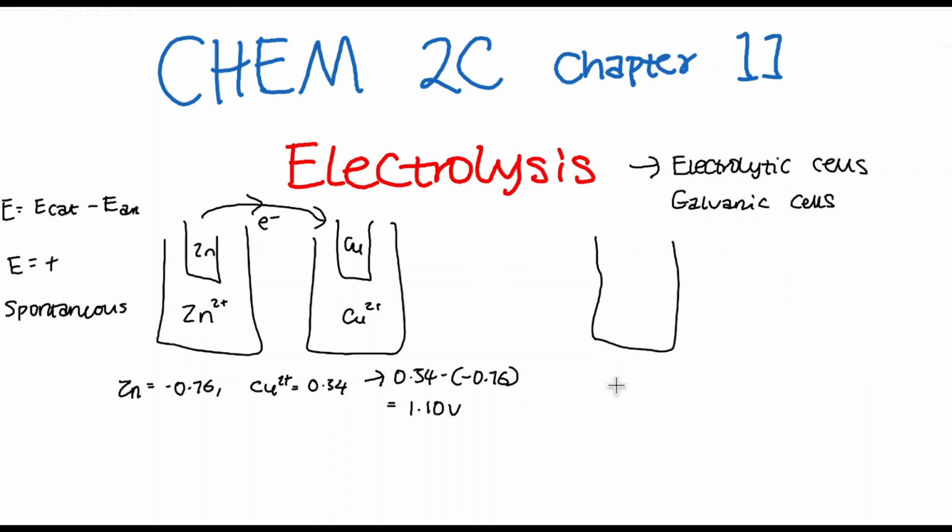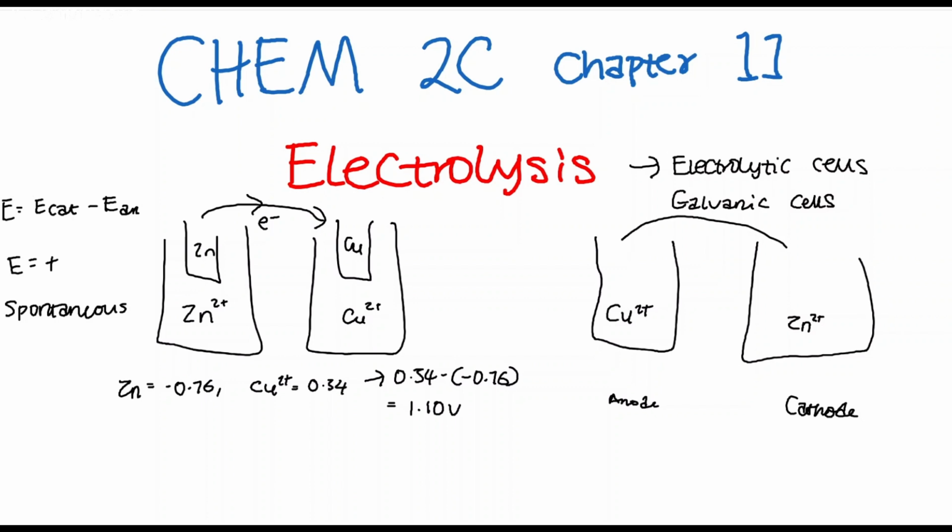So this is still going to be the anode, and this is still going to be the cathode. But this time, for the same reaction, the copper is in the anode and the zinc is in the cathode. The reason is that the electrons are still going to transfer, but as you know now, in the previous situation it was spontaneous, and in this situation it's not going to be spontaneous.